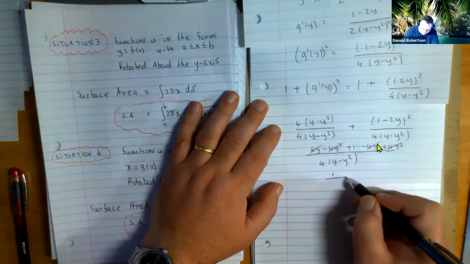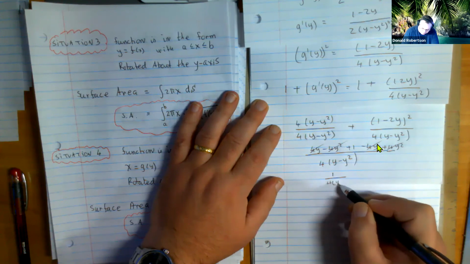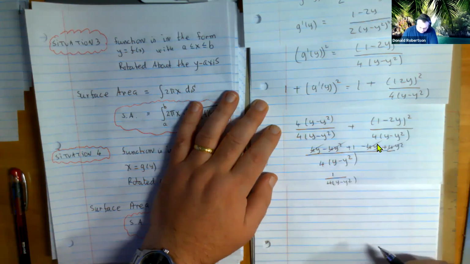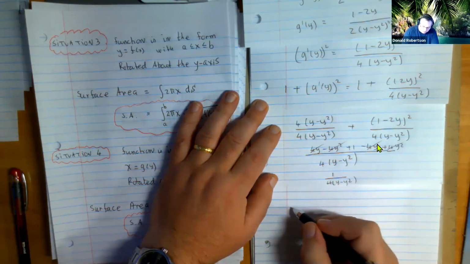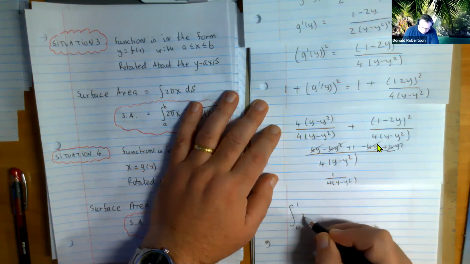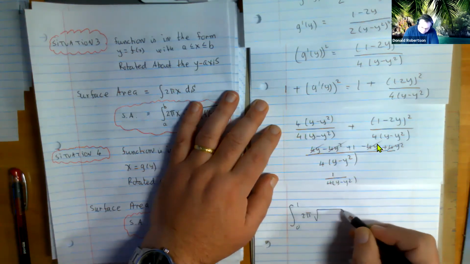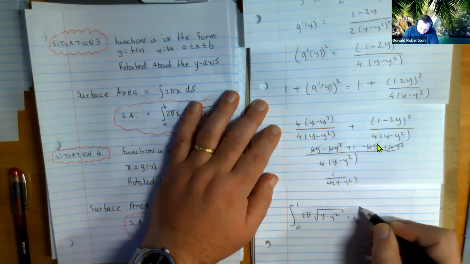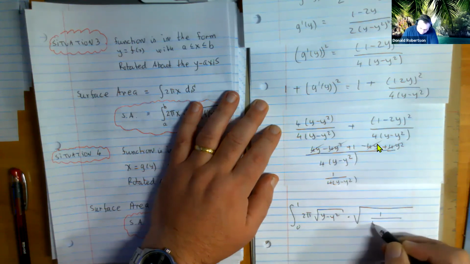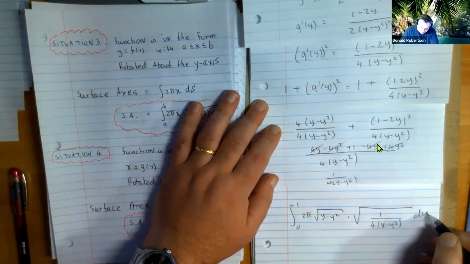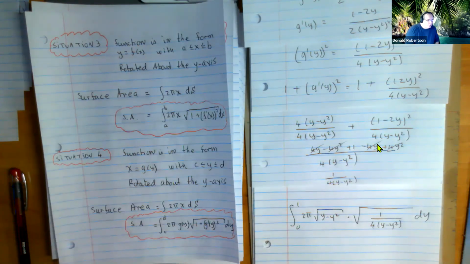So what we are left with is that guy. And so our answer ends up being the integral from 0 to 1 of 2 pi, the square root, the original function, times 1 over 4 lots of y take away y squared dy. And that's the one that you'll go looking for your answer.